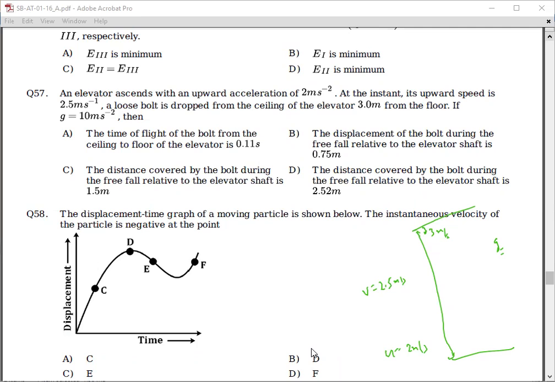Okay. Now, what is the relative acceleration of bolt? Tell me, what is the relative acceleration of bolt? बताओ. अगर तुम को relative concept clear है ना, तो it is easy. खुद सोचो ना.